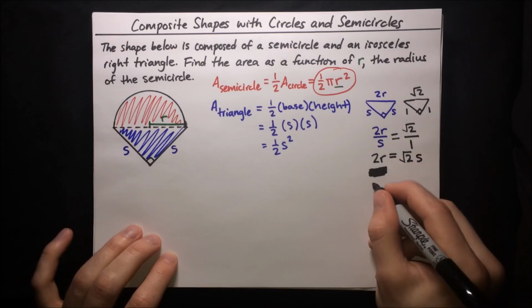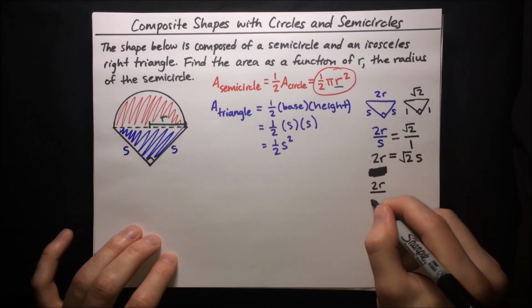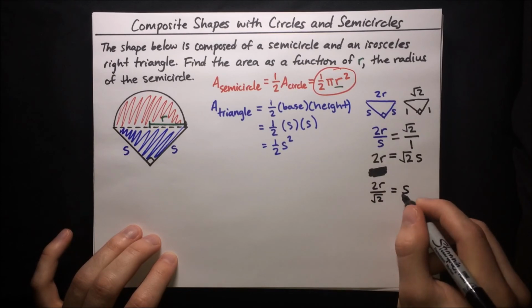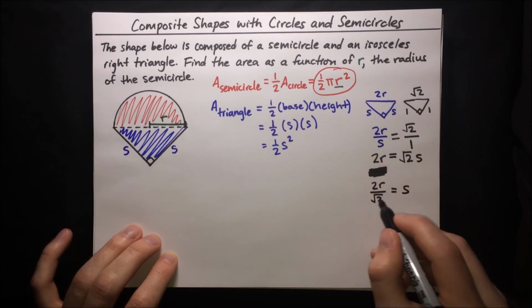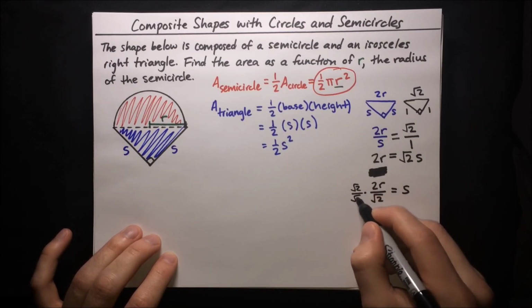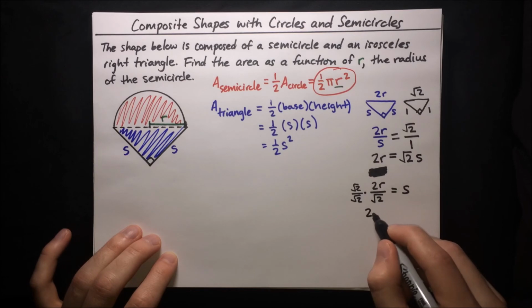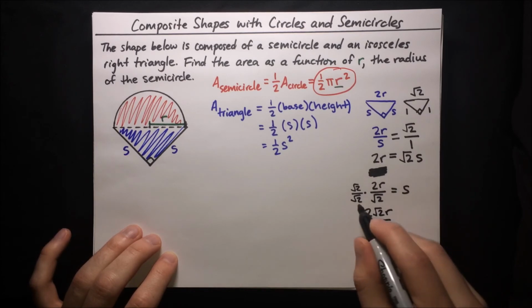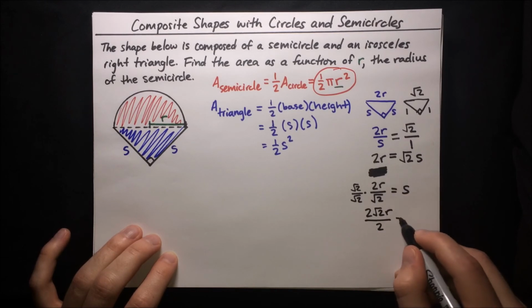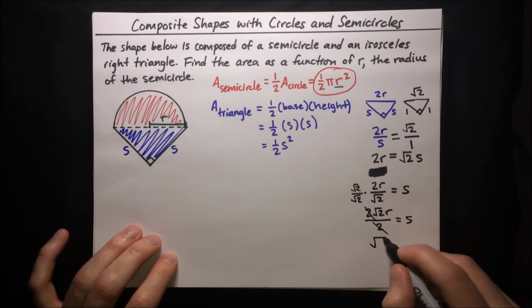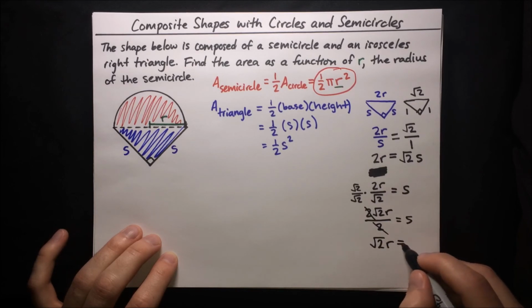So we have 2r divided by root 2 is equal to s. We can simplify this a bit by multiplying by root 2 over root 2, and then we get 2 times root 2 times r over root 2 times root 2, which is just 2, and that's equal to s. Cancel out the 2s, and we just have root 2 r is equal to s.